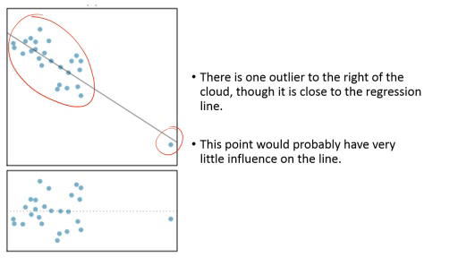This point being close to the line probably has very little influence, because it fits so close. Yes, it is far away from the cloud, but it's close enough to that line that it doesn't affect the overall line. So it would have a smaller influence.